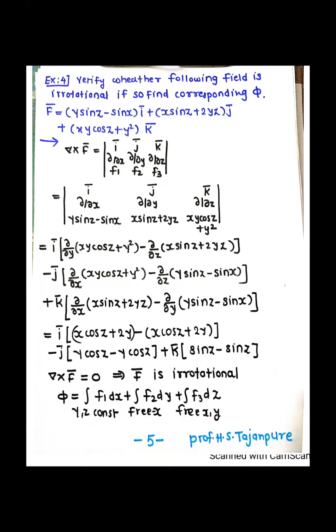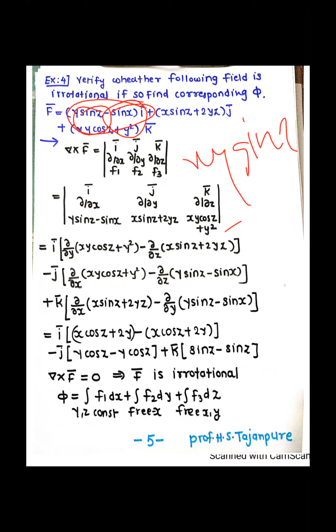So let me tell you the answer. See, first we have to integrate with respect to x. Simple. Since y, z, sin z will be constant, its integration will be xy sin z, right? And the integration of minus sin x is minus minus cos x, so it becomes plus cos x.